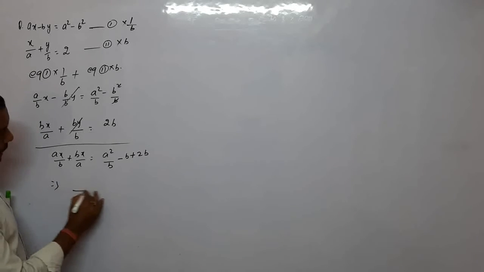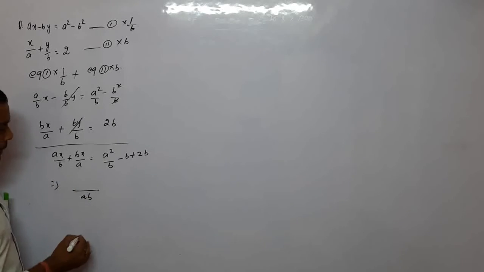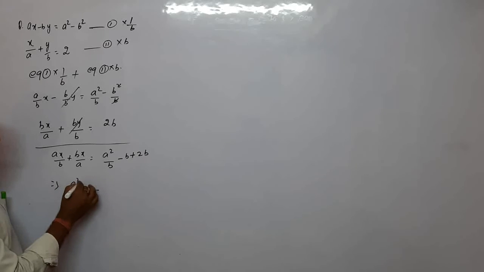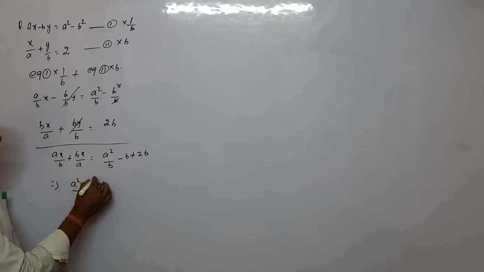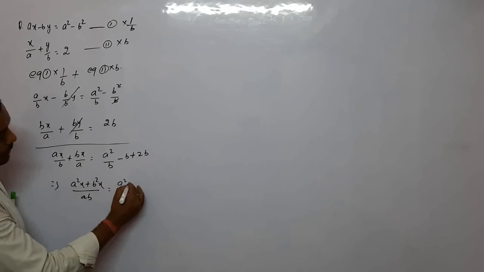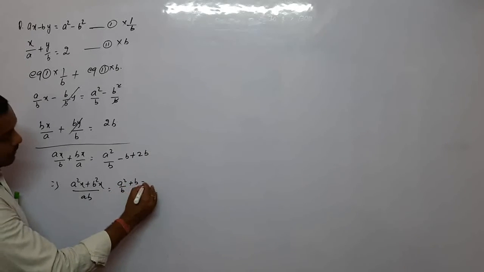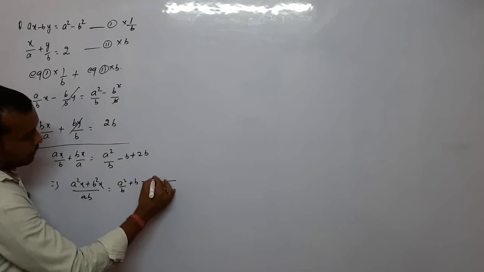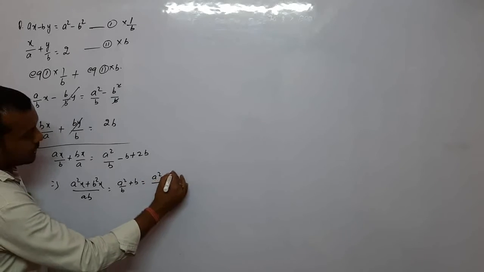Now we will take the LCM. It will result in ab. Here a square x plus b square x, and a square by b plus b is equal to, taking the LCM, a square plus b square by b.